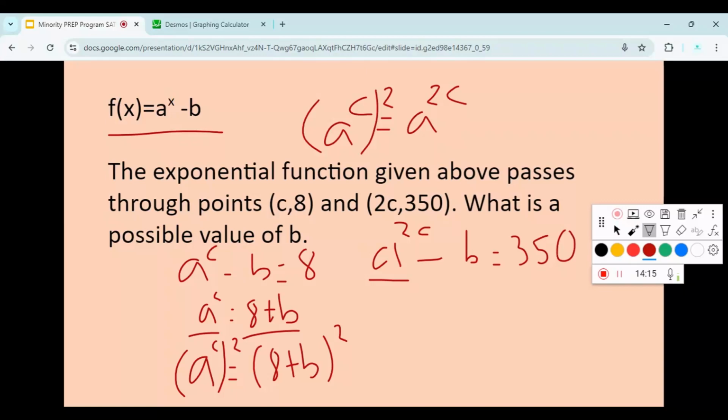Since these two are equivalent, we can plug that in and get (8 plus b) squared minus b equals 350.